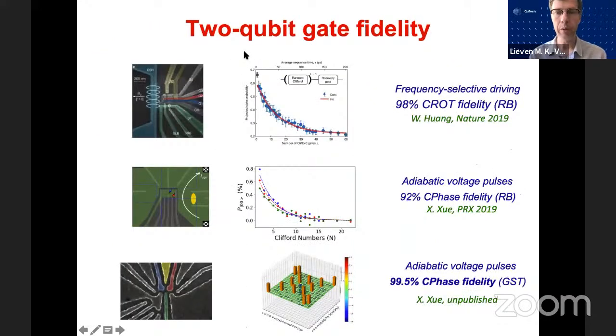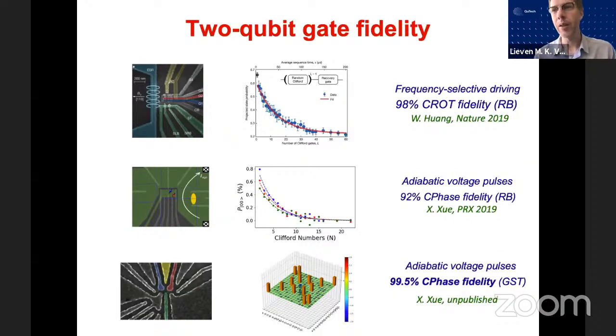And to give you some numbers of the state of the art, 2 years ago, the Jurek group published a 98% fidelity for the 2-qubit C-rot gate. And we published a 92% fidelity for the C-phase gate. And we're now finishing a paper where we report a 99.5% C-phase fidelity. So well above 99%, which is often seen as a sort of magical threshold.